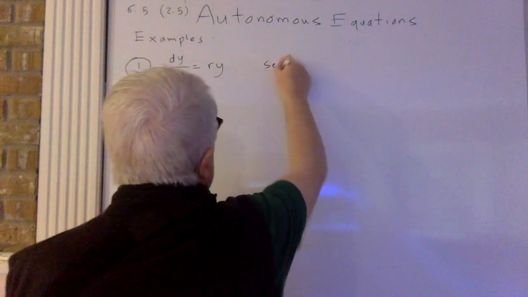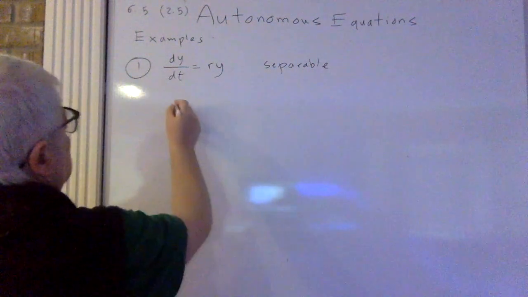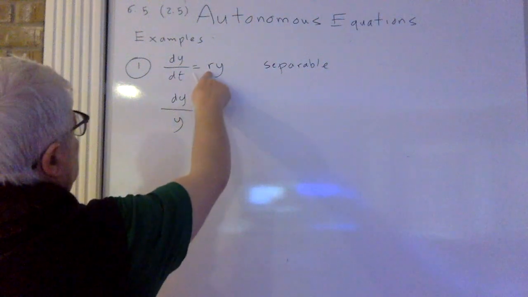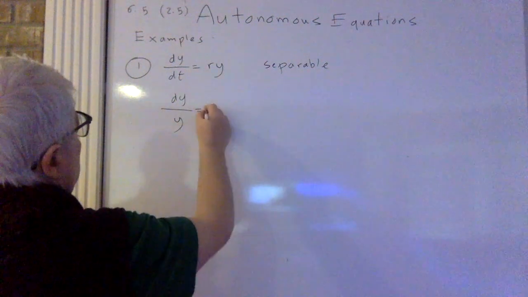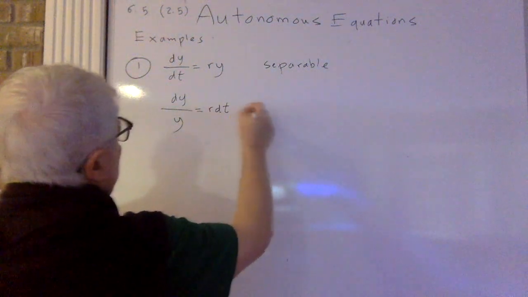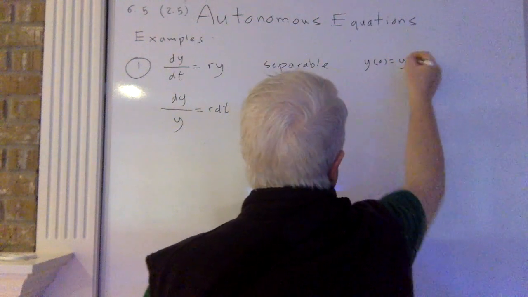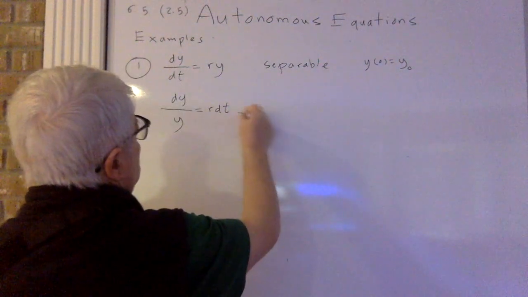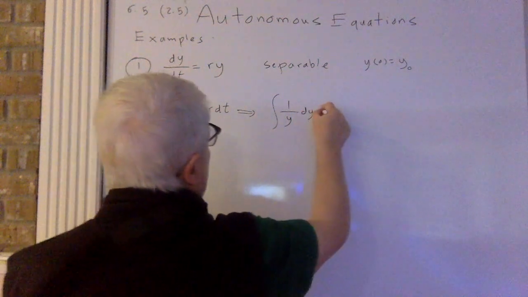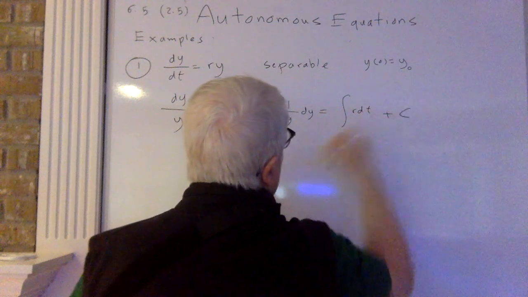It's the simplest separable we have, so we have dy over y. Don't bring this r here, leave that r over there, dt. And let's say we have y at 0 is y0. So we have 1 over y dy equals r dt. Well, let's write the constant here.